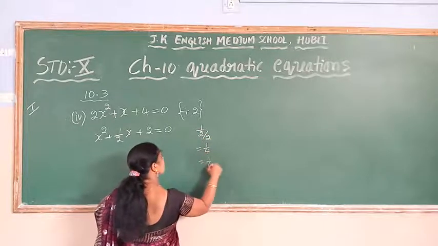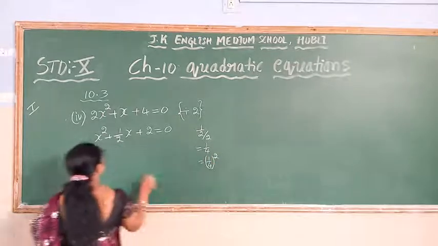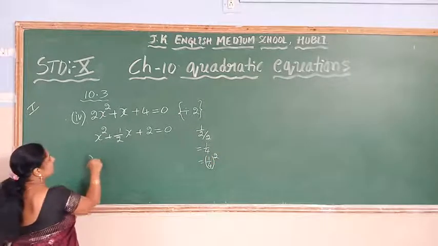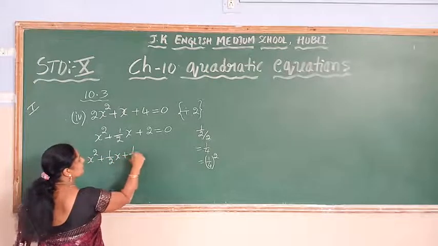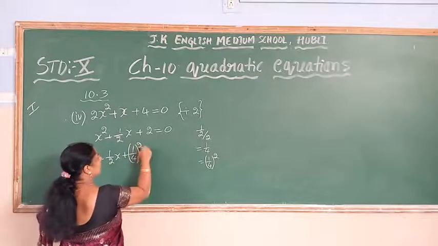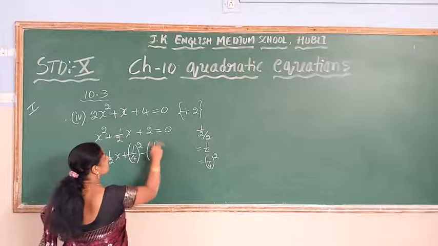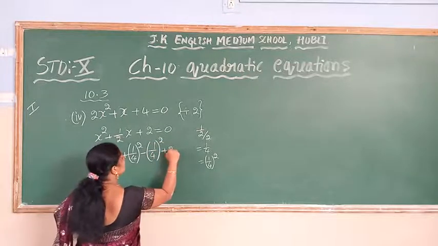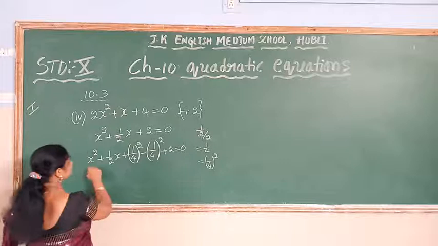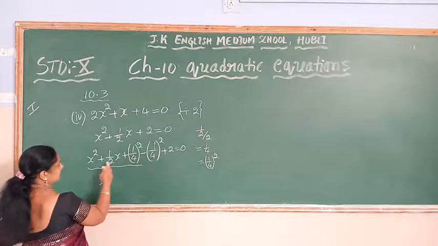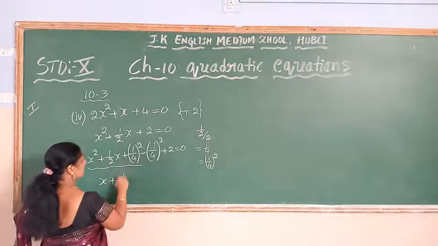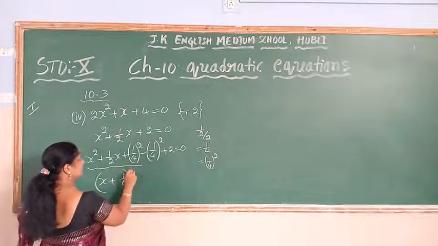So this is squared, and add once and subtract once. x square plus half x plus 1 by 4 whole square, add once and subtract once, plus 2 is equal to 0. So out of these three terms you can write it according to the identity: x plus 1 by 4 whole square.